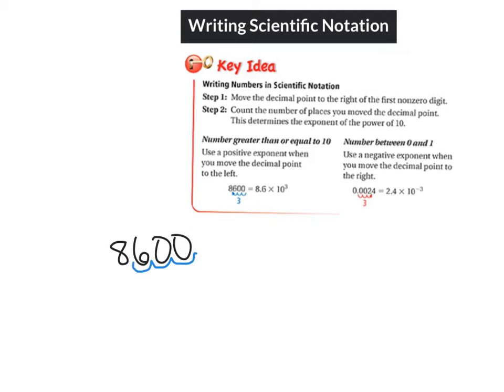So I moved it 3 times, which means I'm going to get 8.6, and you always write down whatever numbers are after it, unless there's zeros. The zeros you get to leave off, but if there's any number, you have to write that one. 8.6 times 10, it's always times 10, and then how many times did we move it? We moved it 3 times, so then this exponent becomes a 3.